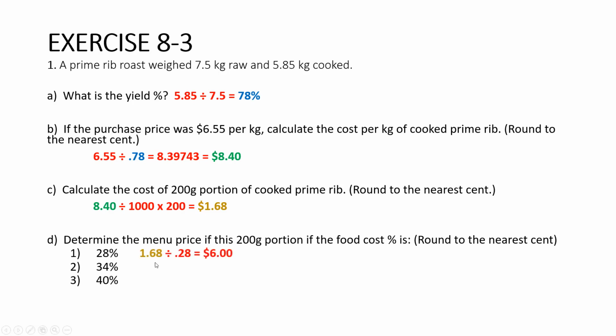So our first example, $1.68 divided by decimal 28 gives us $6. We would have to sell this 200-gram portion for $6. And for the other two examples, it's still $1.68, but we divide by 34% and we divide by 40% to get the menu prices for those particular food cost percents.